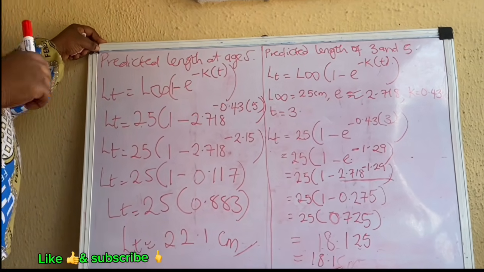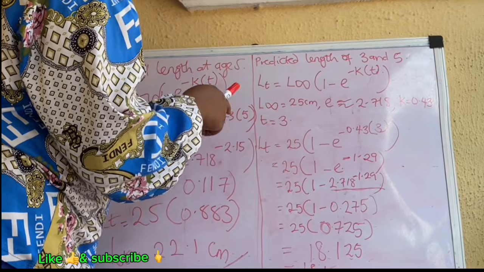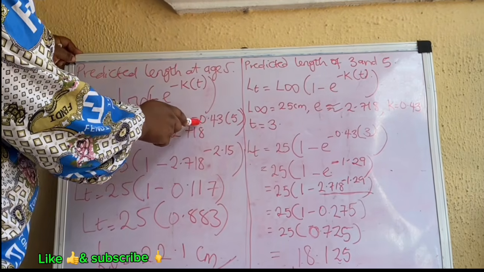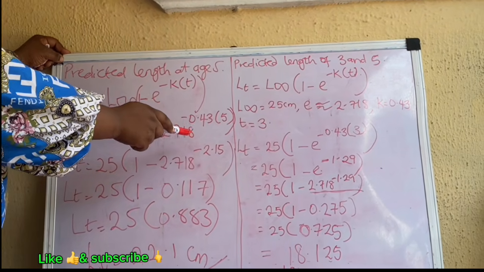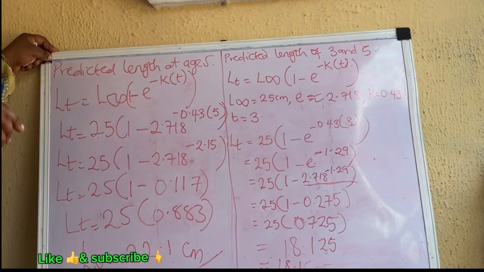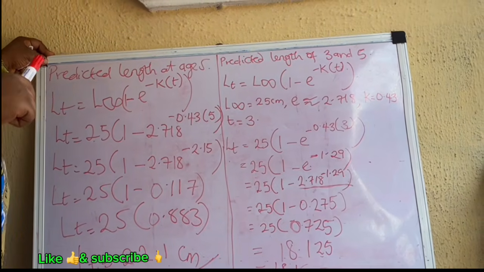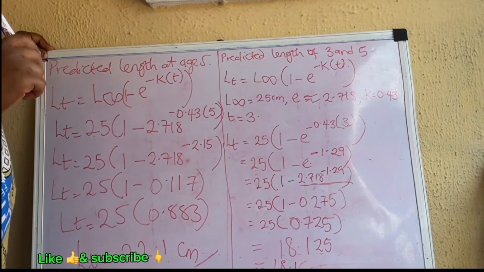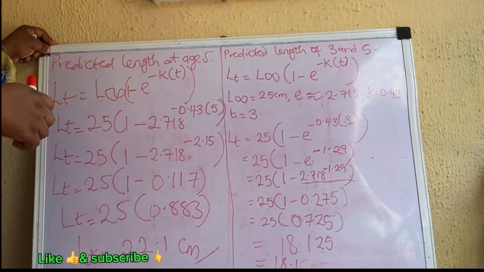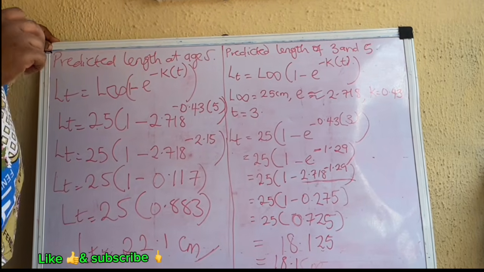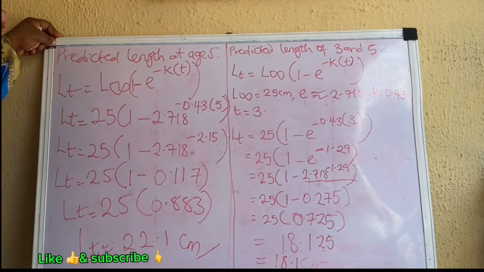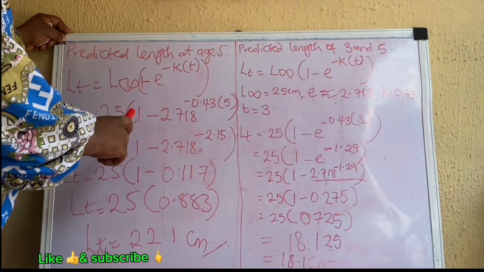Then when you check the K constant, which is the K slope, the K slope we had is minus 0.43. It suggests that the fish species exhibit moderate growth, reaching near maximum size within few years, since most of the fishes attain a large proportion of their maximum length at age 5.